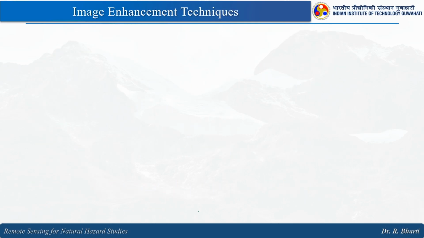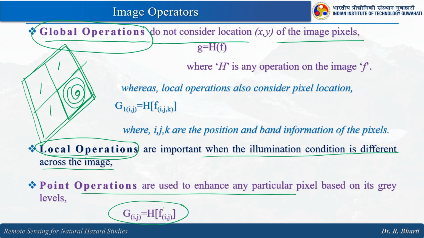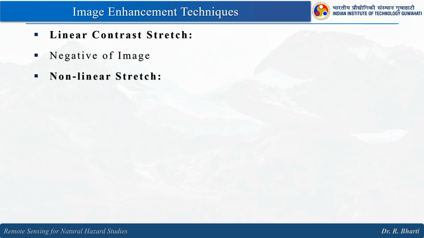So, this is the expression for point operation. You can see this is for the global, local operations are also considered, and then this is the point operator. So, when we talk about image enhancement techniques, there are many. Majorly we classify them into two classes.